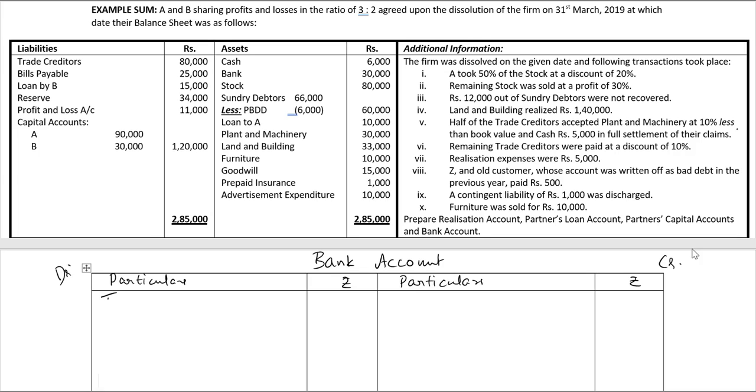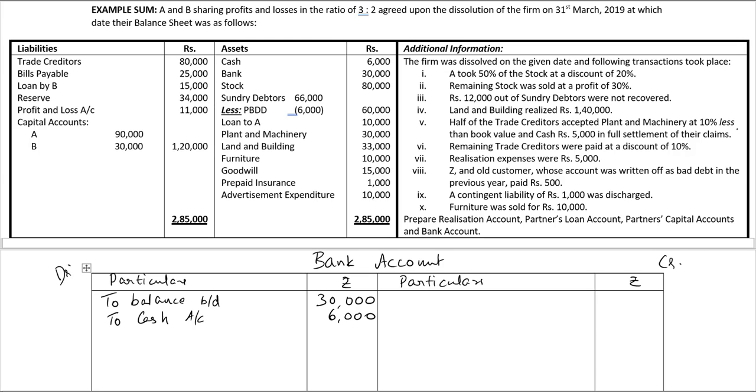We transfer the balance of bank account from the asset side of the balance sheet to balance brought down. Balance of bank is 30,000 rupees. There's a balance of cash also. We will take the cash and deposit in the bank to cash account, 6,000 rupees.